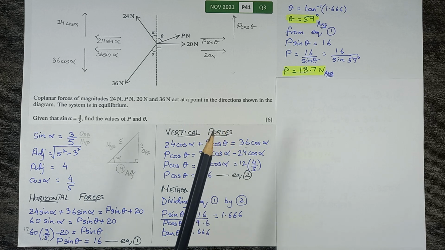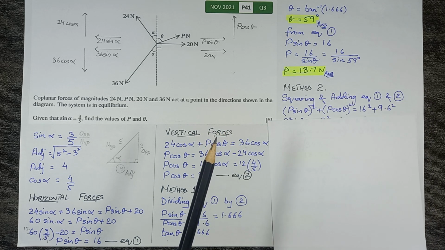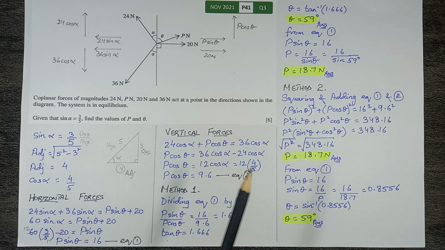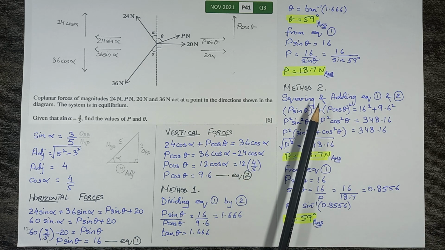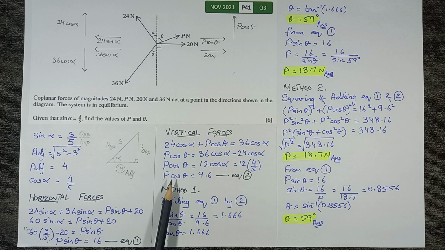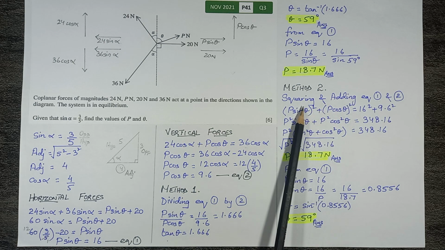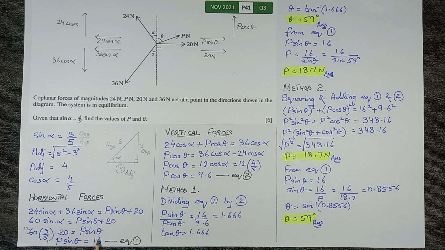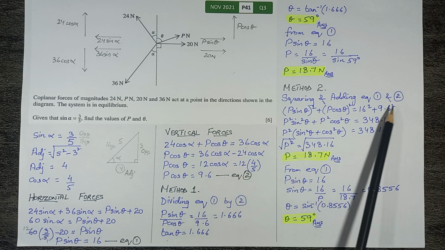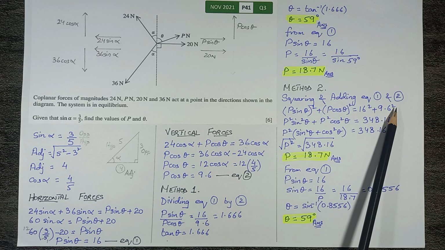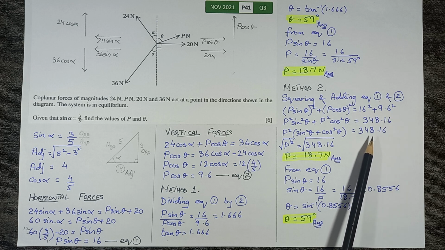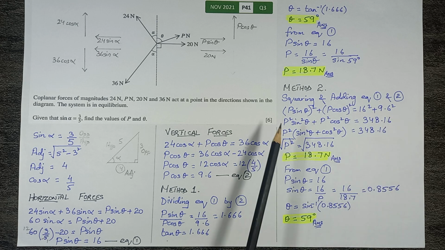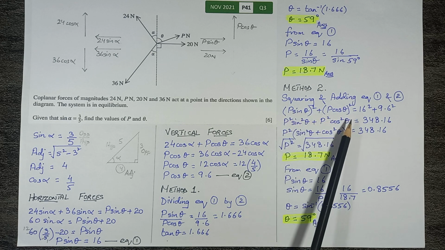We do have another method, that is squaring and adding equations 1 and 2. If we square first and then add equations 1 and 2, that means p sine theta and p cos theta, if we square them and add them, that would be equal to 16 squared plus 9.6 squared, which after simplifying would be 348.16.